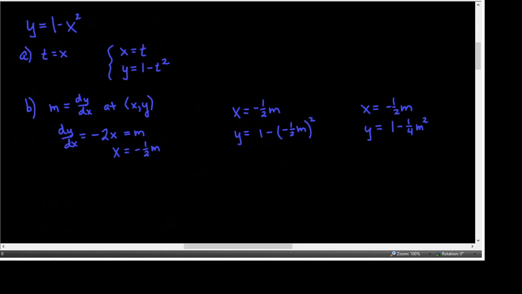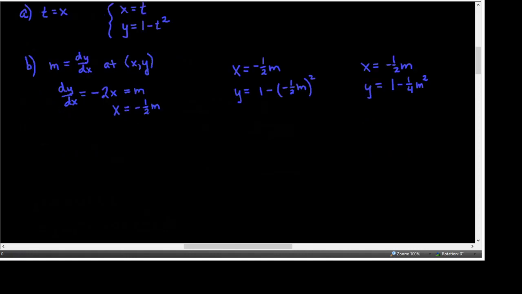Now let's graph this one and see what's going on for the second one. I think that's a little bit more interesting. So for the second one, let's look at its graph. I think that'll be enlightening. Okay, so the x and y axes.